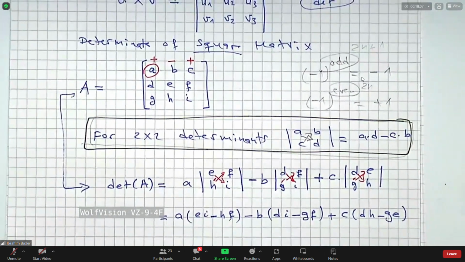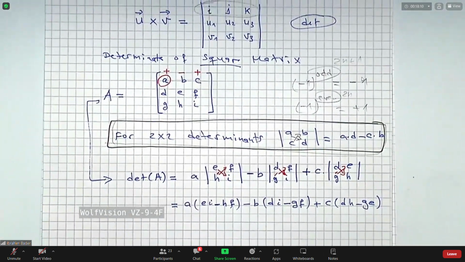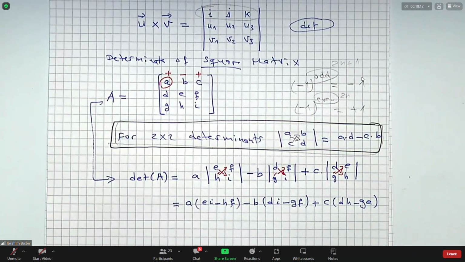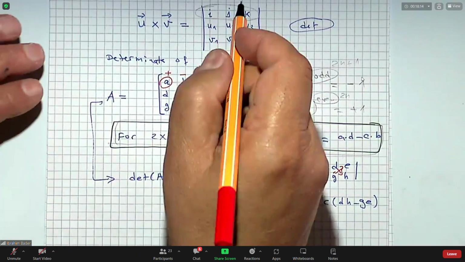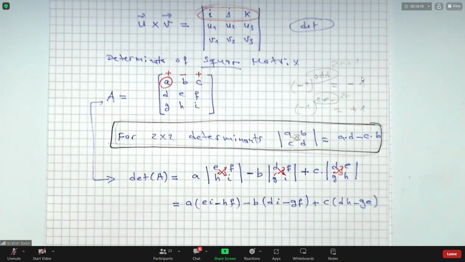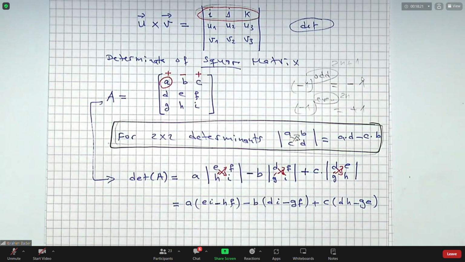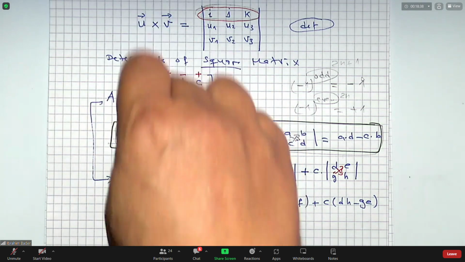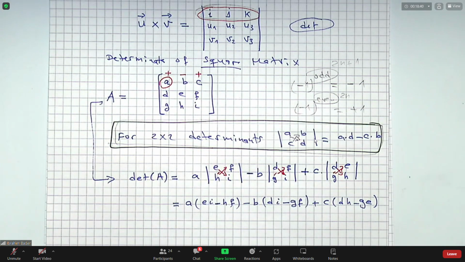Okay, so the guy who was asking, I just want you to have a look at this, because here we are evaluating a cross product. We will be doing this according to the first row when it comes to evaluating cross product. This is an important question, but in general, if you have a determinant in any other context other than cross product of vectors, you can do it not only according to this column, but also according to any row or column.